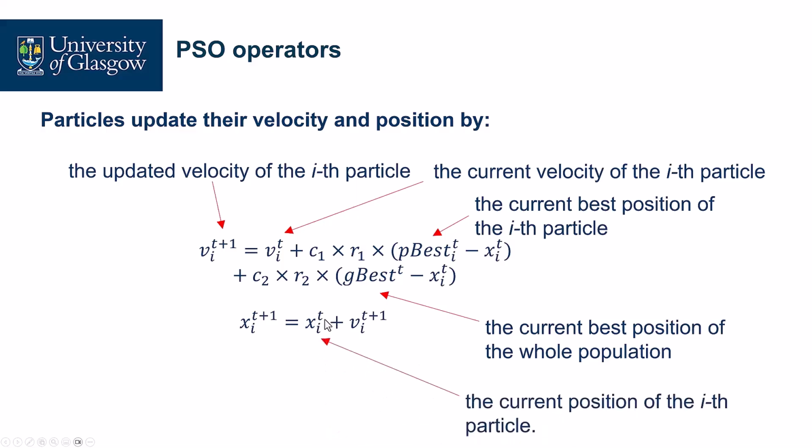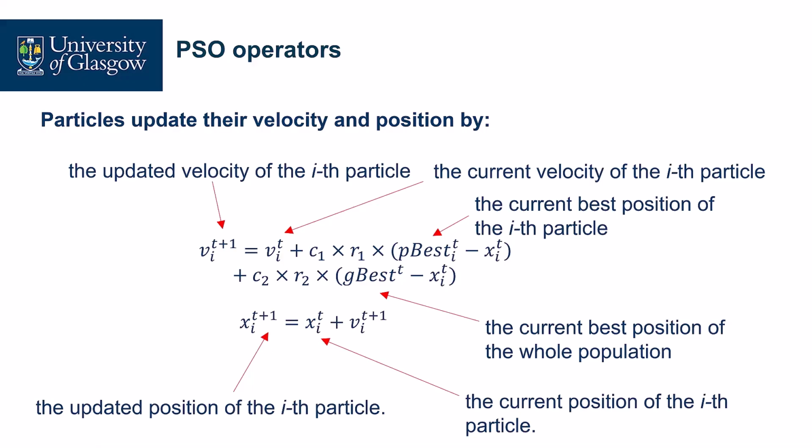X_i^t is the current position of the ith particle in the tth iteration. Then we can get the updated position of the ith particle in the t plus 1 iteration. We get V^(t+1) and X^(t+1). So this is a new solution. We generate a new solution by this formula.